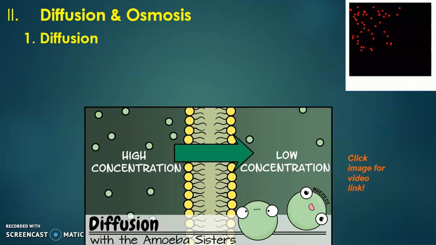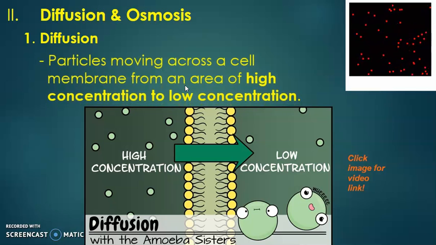So what is diffusion? You've heard this a million times. For our purposes, since we're focusing here on a cell membrane, it's when particles move across a cell membrane, in particular from an area of high concentration to an area of low concentration. If you look at this GIF up here, go back real fast.